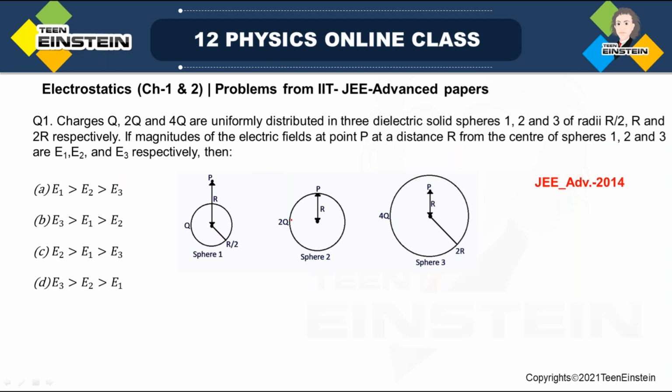Now, since it is a non-conducting sphere, the charge will be distributed inside uniformly, having uniform density all over within the spheres. One thing you can see, the electric fields for this is E1, for this is E2, and this is E3 at the point P. For sphere 1, P is an outside point.